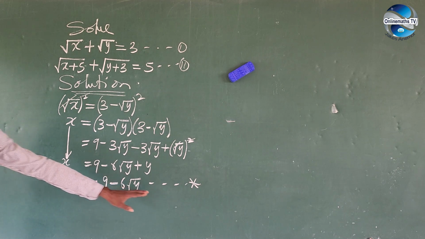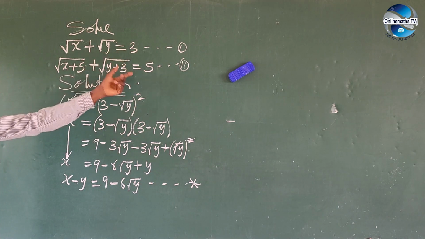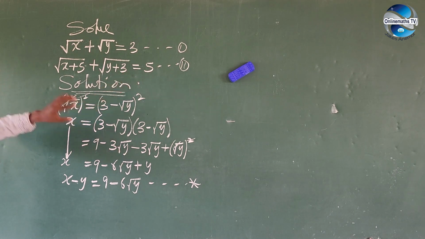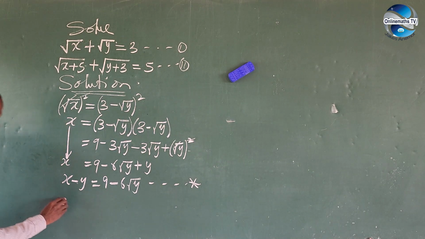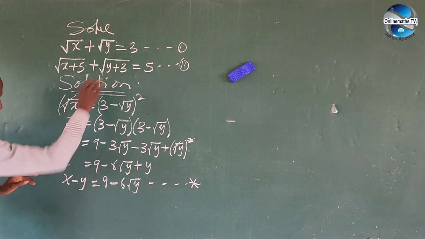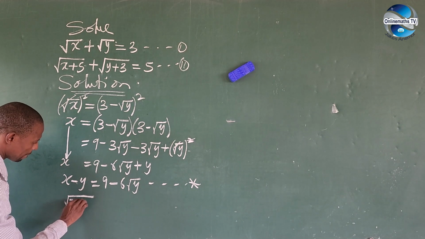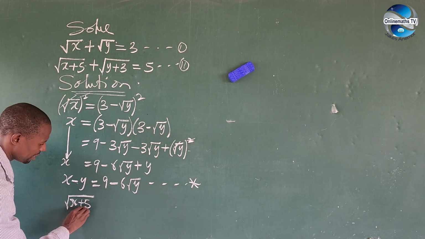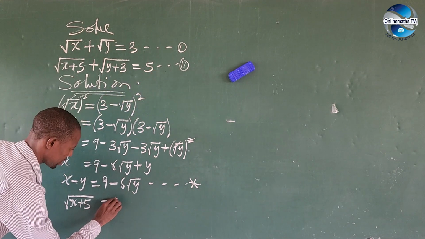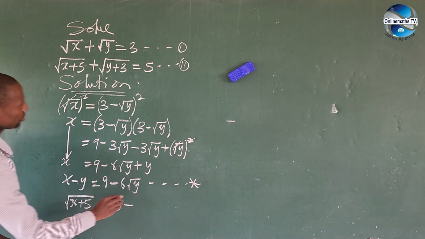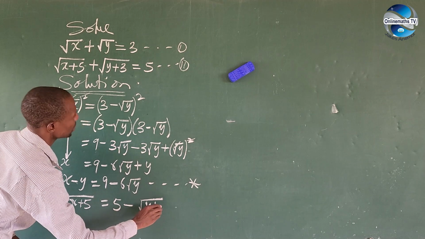All right, look at equation 2. I want to do the same thing I did to this equation. So move the whole of this entity to this side of the equation. From equation 2, we have the square root of x plus 5 equal to 5 minus the square root of y plus 3.